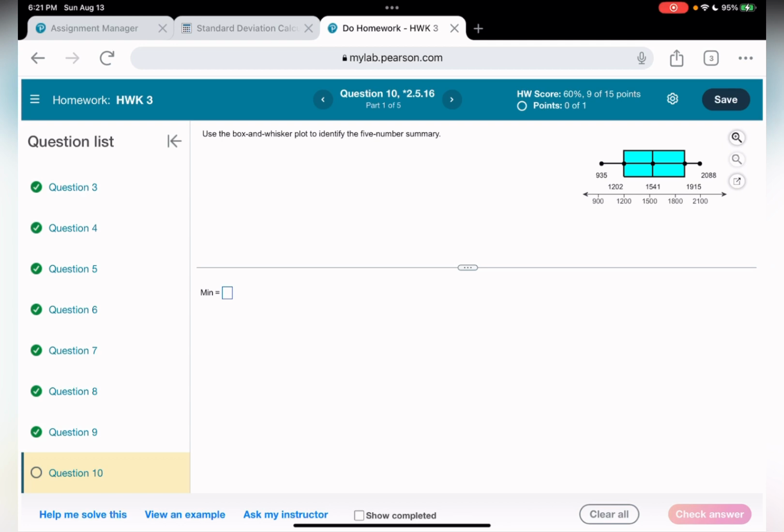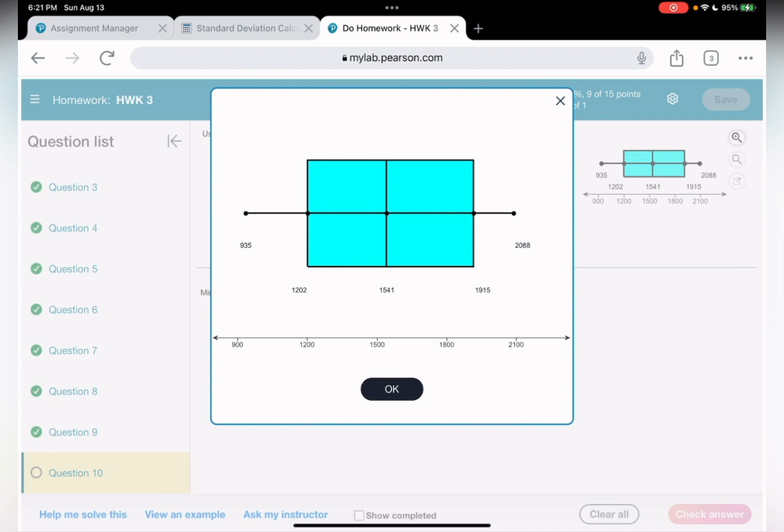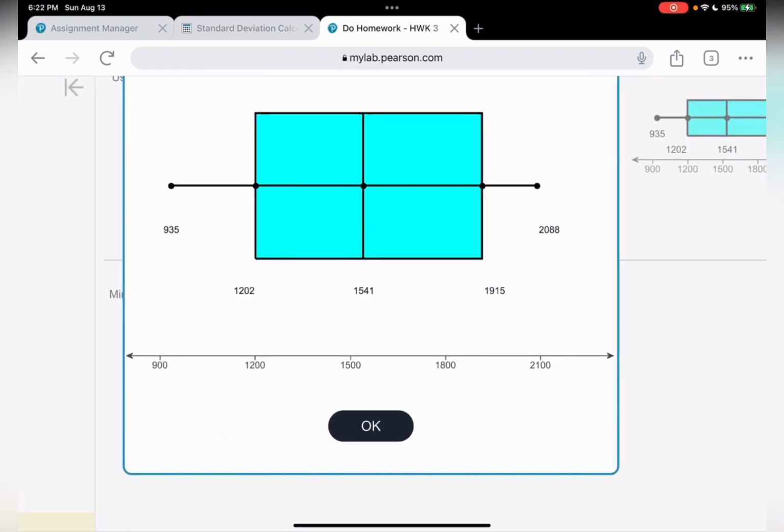This is what we call a box and whisker plot.